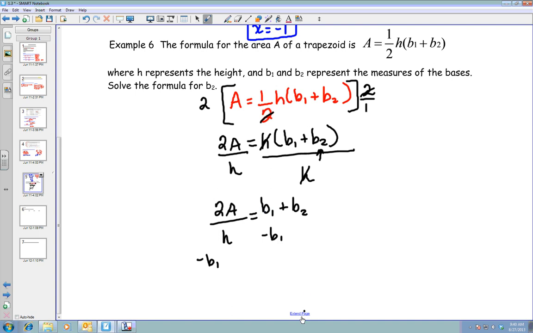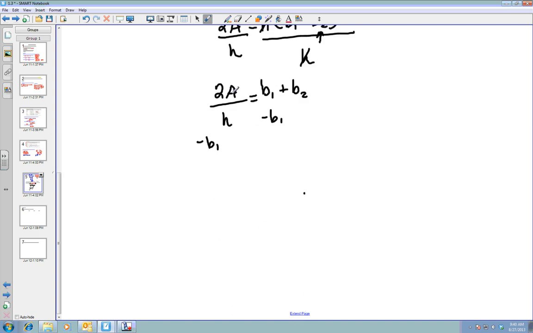Now, I know it looks kind of weird, but when I subtract b sub 1 over here, on the right-hand side, I have b sub 2 left. And right here, the way I would write it is just 2A over h minus b sub 1.